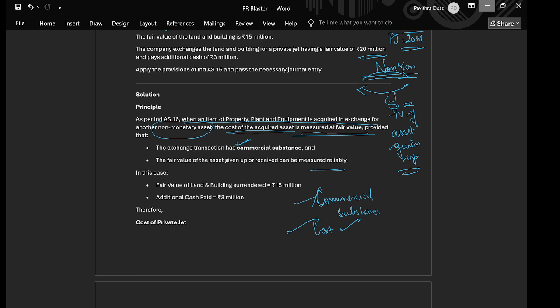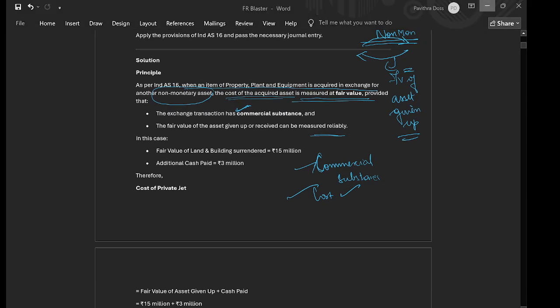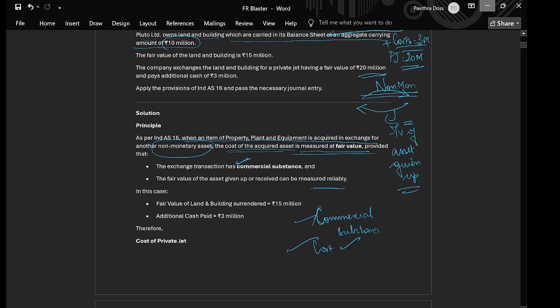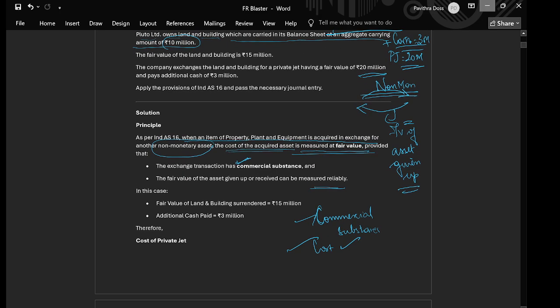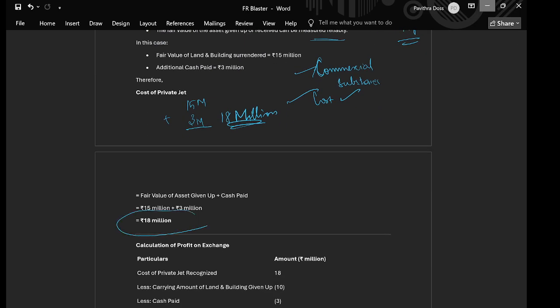If both these things are there, then we can measure it in this way. So the fair value of the asset given up would be used. Here the fair value is 15 million, but alongside that we also paid cash, which is 3 million. So the total value at which the private jet would be recognized is 18 million. Clear? So 18 million is the value for the private jet.